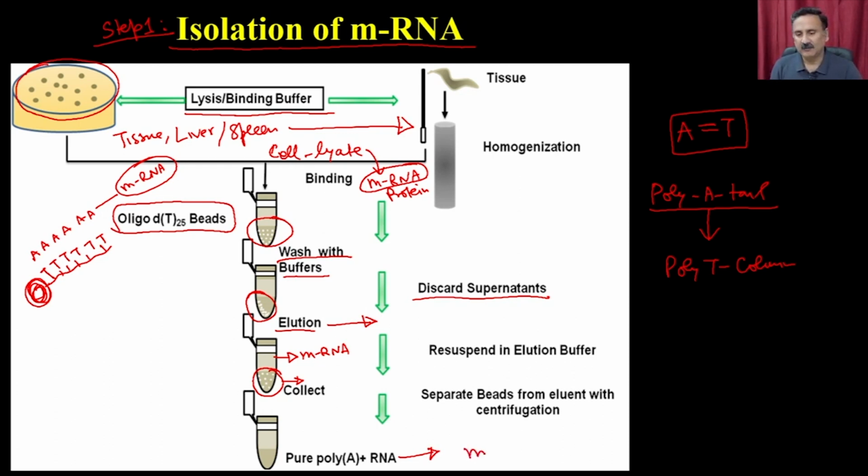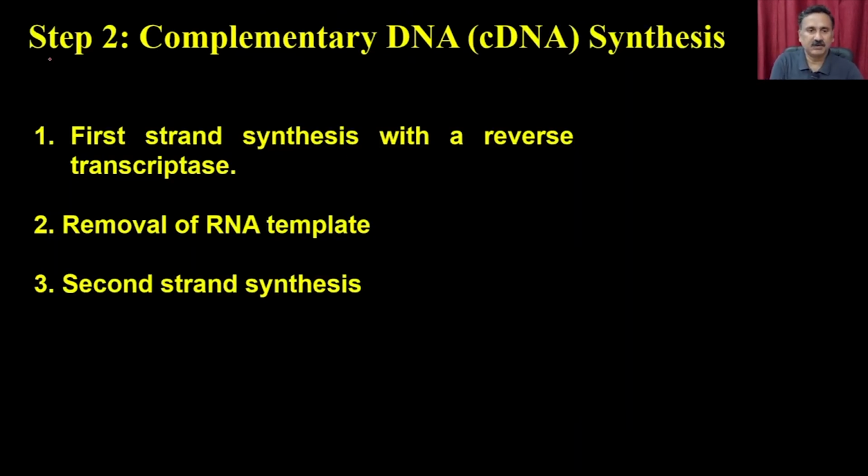So now you have isolated the total messenger RNA from the cell, and you are going to use that for synthesis of the cDNA library, which means you are going to synthesize the complementary DNA. So in step 2, you are going to do the complementary DNA synthesis.